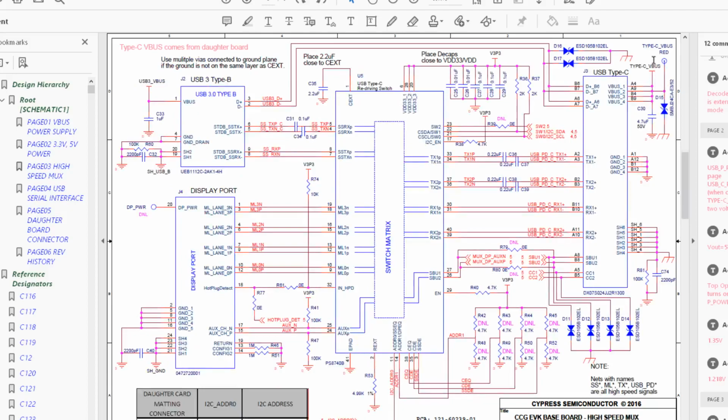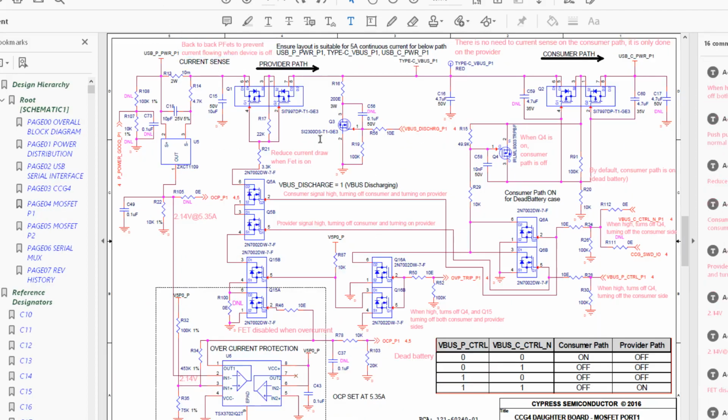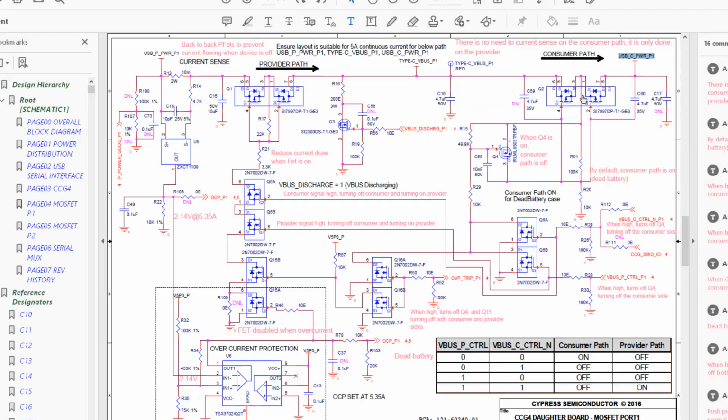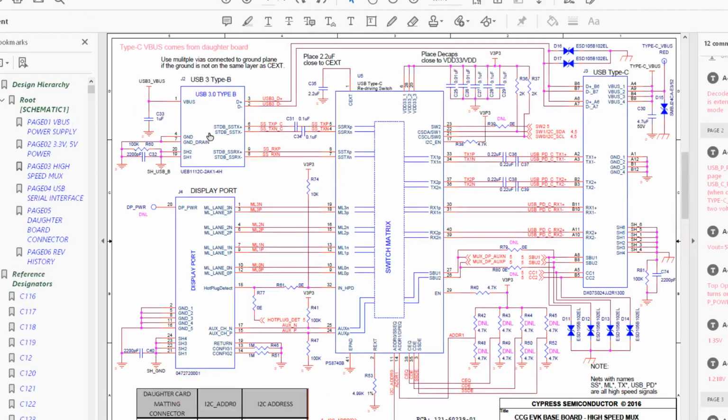This is power here, and if you go to the daughter board, you look at the power provider setup. USB-C power is from the consumer path, and USB-C power is sent to the Type-C USB through this FET. Depending on these and the consumer path, if both of these are off, it'll be in consumer path, which turns on these FETs, turns off this FET, and then you've got the Type-C VBUS.